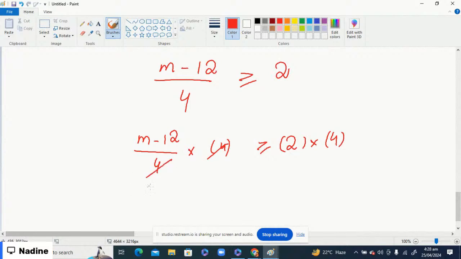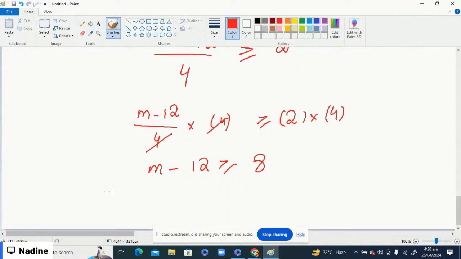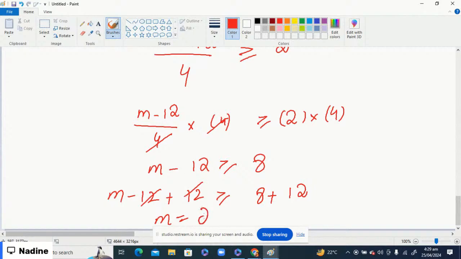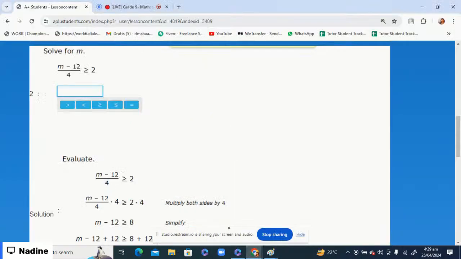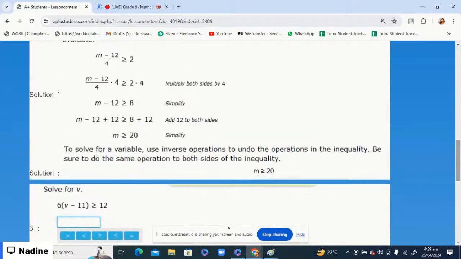This should be cancelling. m minus 12, that is 8. Adding 12 to both sides. So what's the answer for m? That is 20. The inequality sign stays as it is.